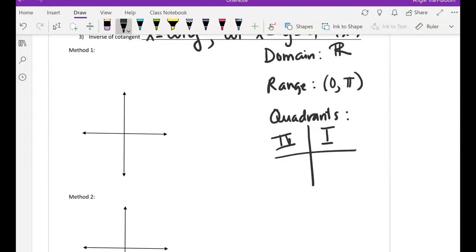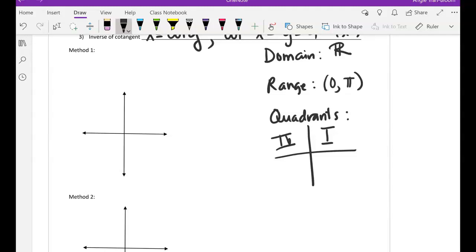So let's recap. What trig inverse belongs in 1 and 2? Sine is not in 1 and 2. Sine is 1 and 4. Cosine, yes. Cosine inverse is 1 and 2. What else? Secant. What else? Cotangent inverse. So those are 1 and 2.